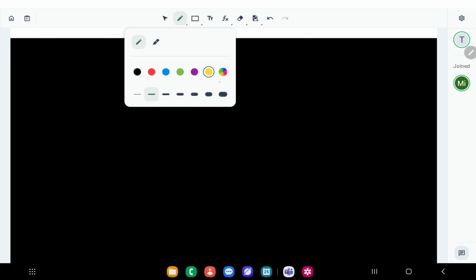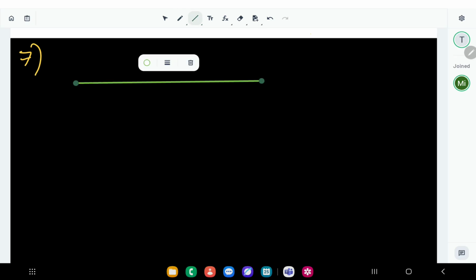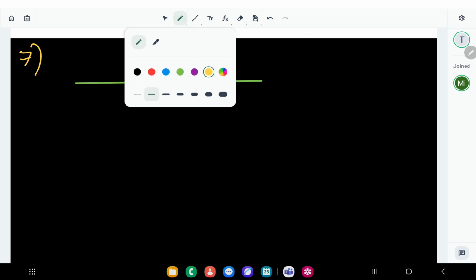Okay, next problem. Number 7. If R is the midpoint of segment QS, let's draw QS here. So let's say this is segment QS.